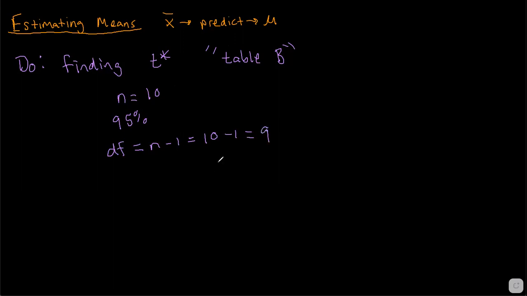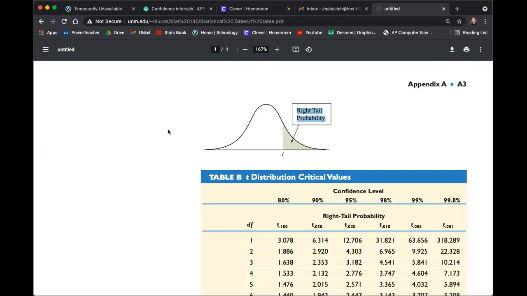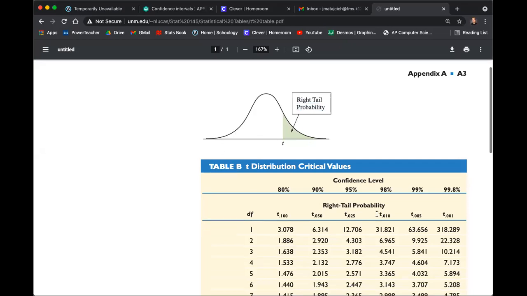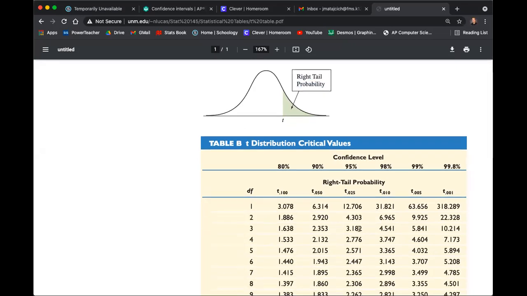With all this, we can absolutely get a critical t value. Again, just look up table B, open up probably the first link, and let me show you what it looks like. Table B shows you a t distribution and its critical values.